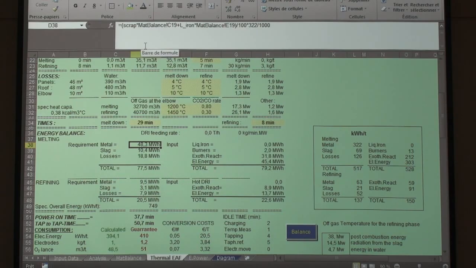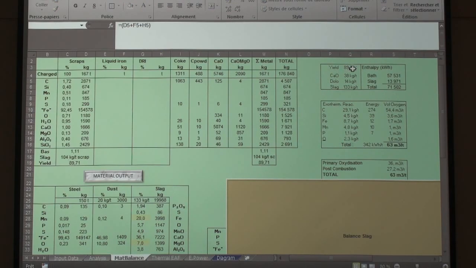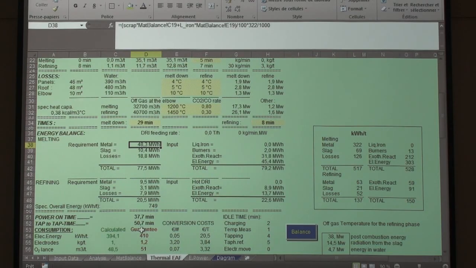But this is a trick to be sure that you don't make any calculation mistake, because you may have a discrepancy between the yield you have calculated here and the real yield, I mean what you need to put in the furnace. So that's why I have this small equation here.